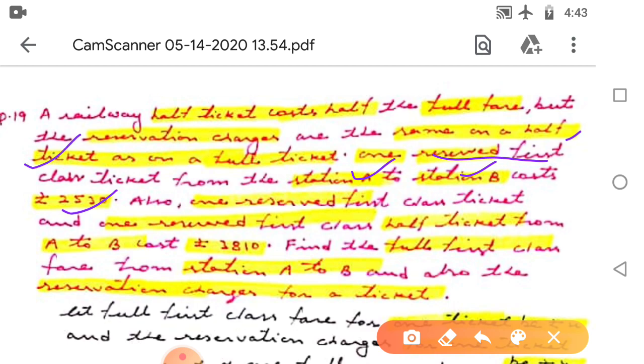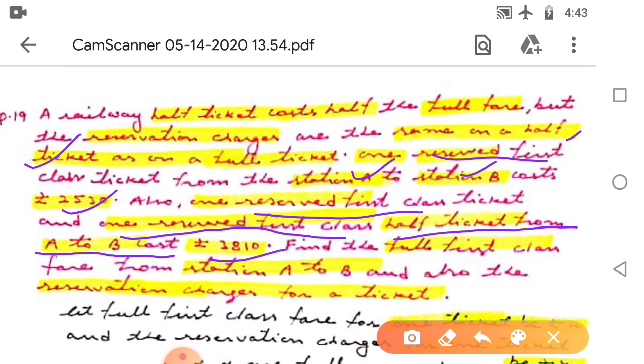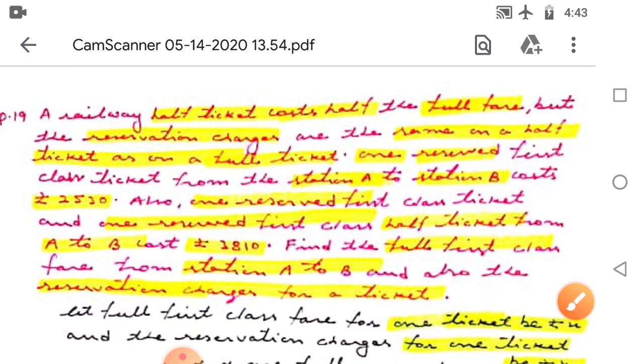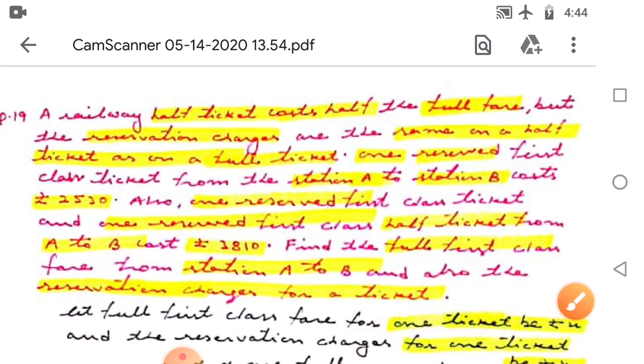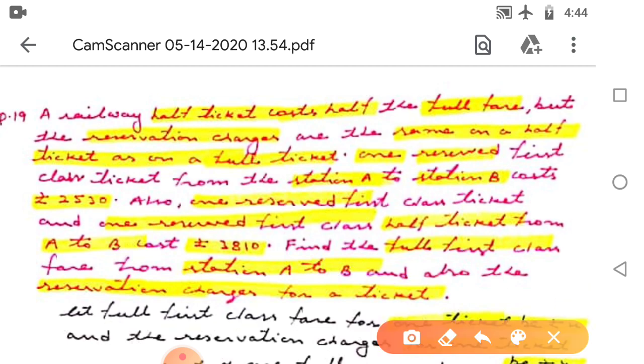Now in the second condition, one reserved first class ticket and one reserved first class half ticket from station A to B is 3,810 rupees. Now find the full first class fare from station A to B and also the reservation charges for a ticket. Clear?